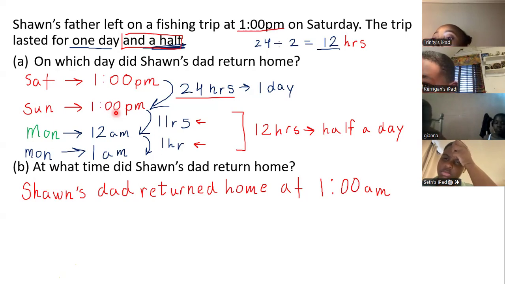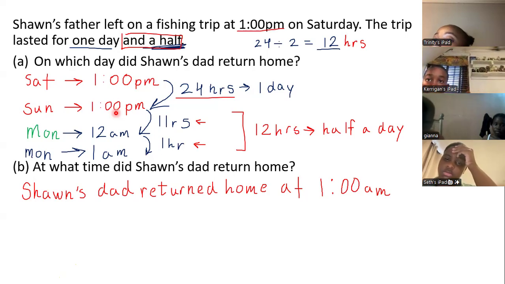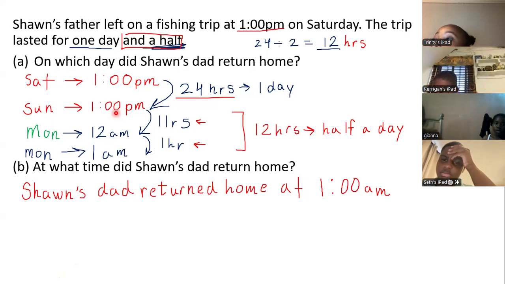So we said 1 p.m. Sunday to 12 hours to Monday, and then 12 a.m. We have to add that last hour, and that leads us to what? 1 a.m. in the morning, 1 a.m. on which day? Monday. Monday.